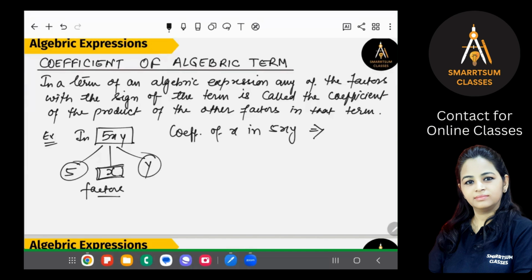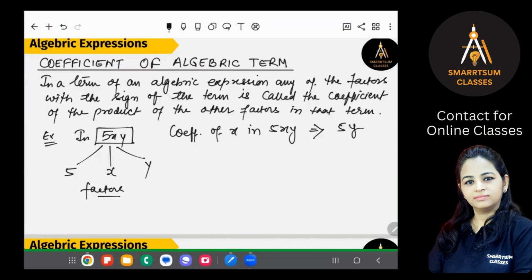So other than x, what factors do you have? 5 and y. So the product of 5 and y will be called the coefficient of x in 5xy. Is that clear? So 5y is the coefficient of x in 5xy.